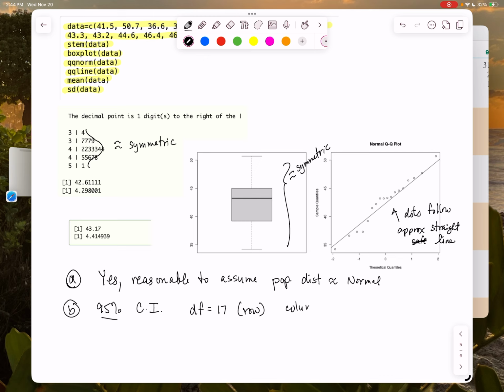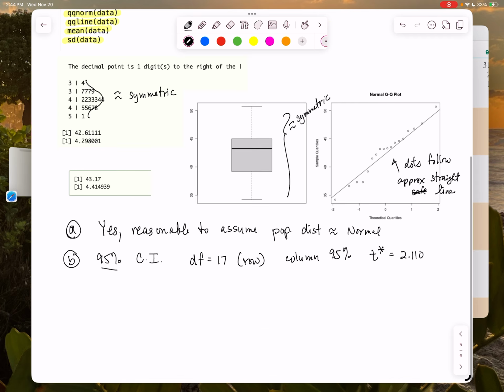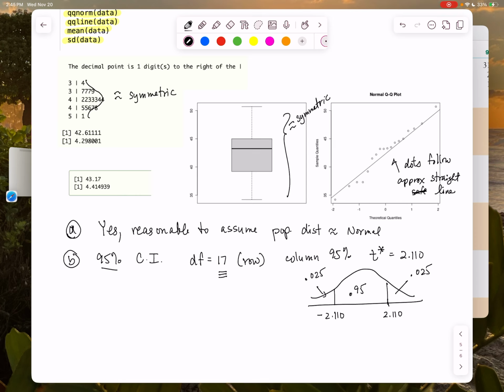And so the critical T that works, if you wanted to look at a little picture, is this is 2.110, this is minus 2.110, this region is 0.95, and the two tail regions are 0.025 each. And this is for degree of freedom 17. So that's the picture that goes with these T's.